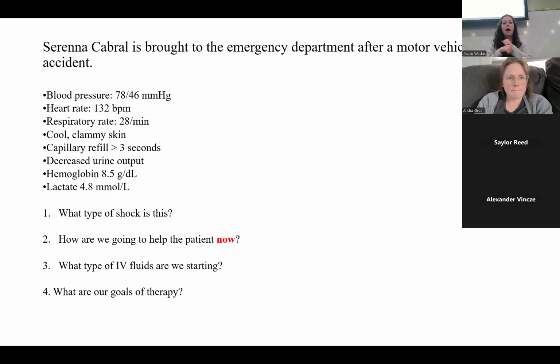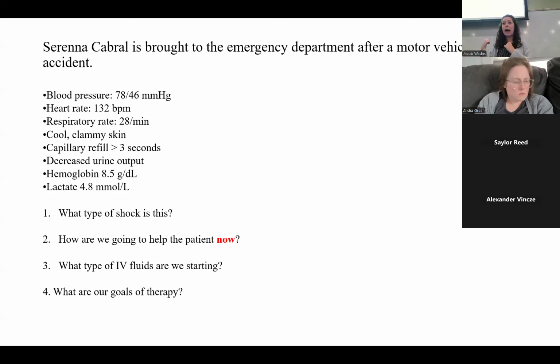And what are our goals of therapy that we want to be going through? What are some things we're going to be looking at here? I already mentioned some of the big ones. Like I mentioned, urine output is something we can monitor. What's another big thing that you may need to calculate that we can monitor? Mean arterial pressure. Yep.